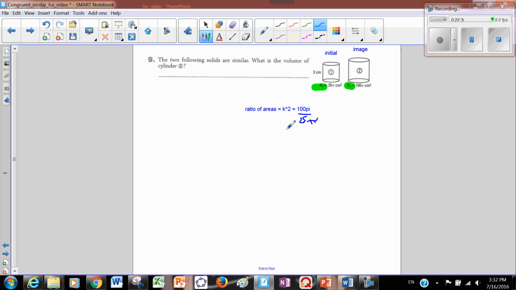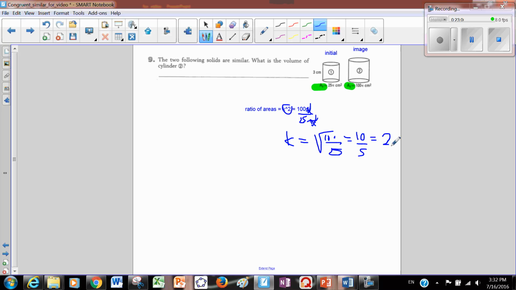How do you get K? Because this is K squared, I want to just take K, so I need to take the square root. I have pi here and pi here, so they can simplify. I need the square root of 100 over 25. The square root of 100 is 10, and the square root of 25 is 5.